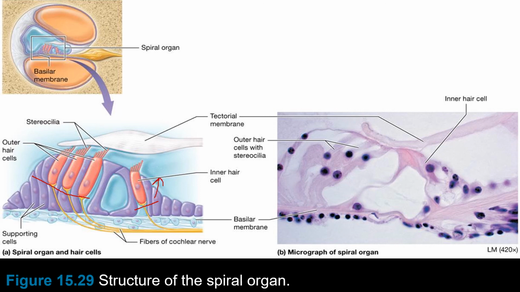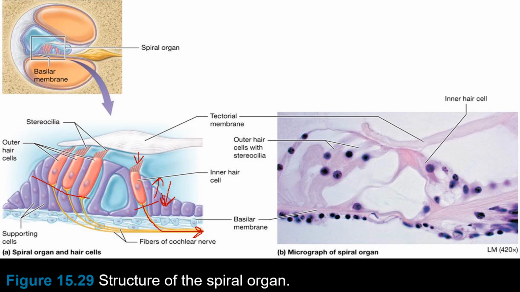And as this basilar membrane jumps up and down in accordance with the frequency of the sound that vibrates it, this fluid in between the tectorial membrane and the basilar membrane is going to push on those stereocilia, right? And so as each of these vibrates, it's going to transduce that physical vibration into an electrical action potential. And you see here its synapses with the fibers of the cochlear nerve, which then will send that action potential out to be processed.